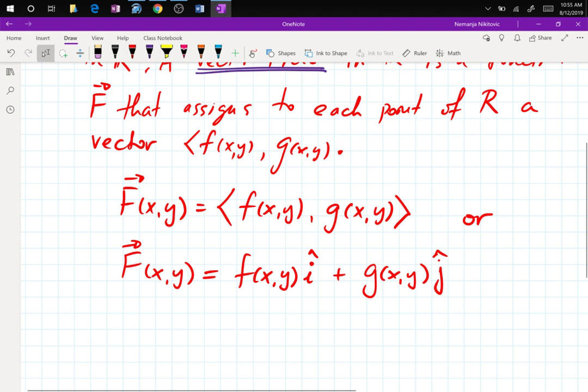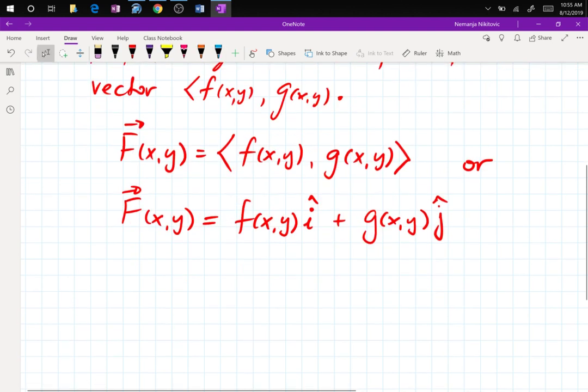A little side note over here. This is also given as another part of the definition.